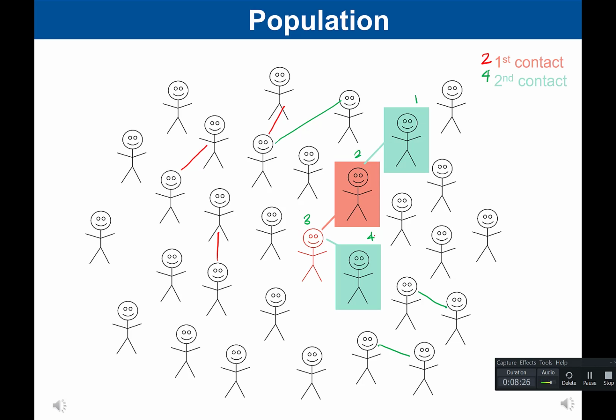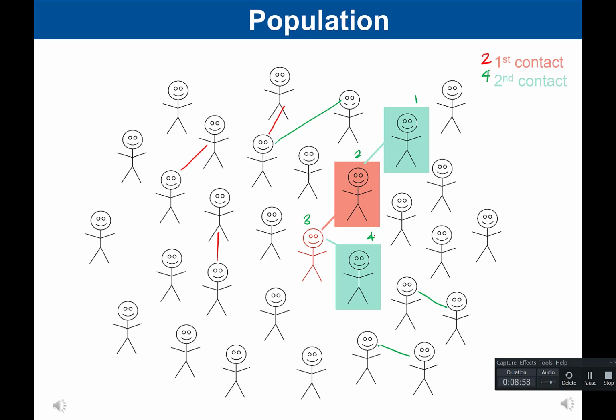So if both people have 2 contacts, after the second contact, we would expect that 4 people would end up with the disease. And so in our simulation, we would want to see, does this actually happen? If we were to have 2 contacts, would we end up with 4 people in our population that have the disease? And in this case, we're considering this to be a sexually transmitted disease. Let's say syphilis, for example.